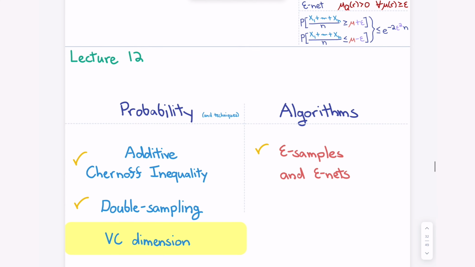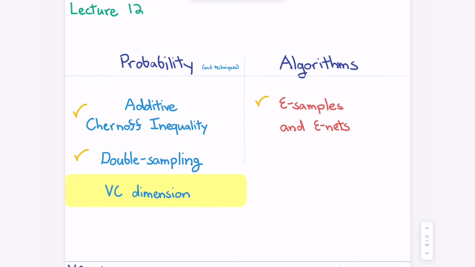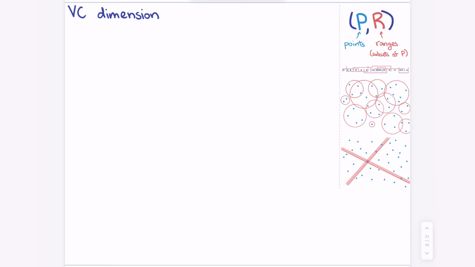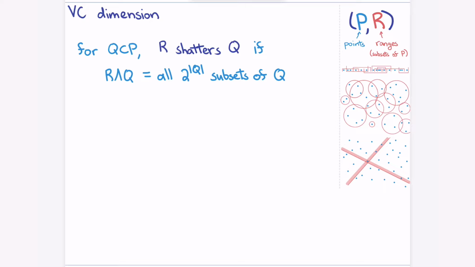Okay, good. So let's talk a little bit about VC dimension, because that's one way to bound this growth. So you need some definitions. First, we'll say that a range shatters a point set if it induces all possible subsets.